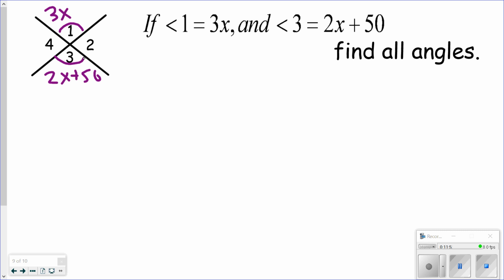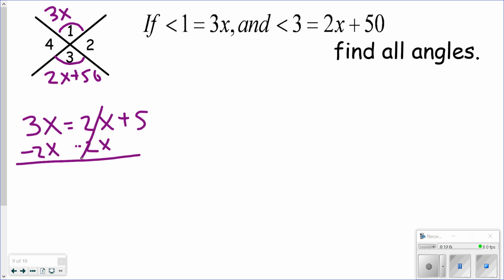All right, so I'm going to set those two expressions equal to each other. So I have 3x is equal to 2x plus 50. If I subtract 2x on each side, that cancels, and I'm left with x is equal to 50.